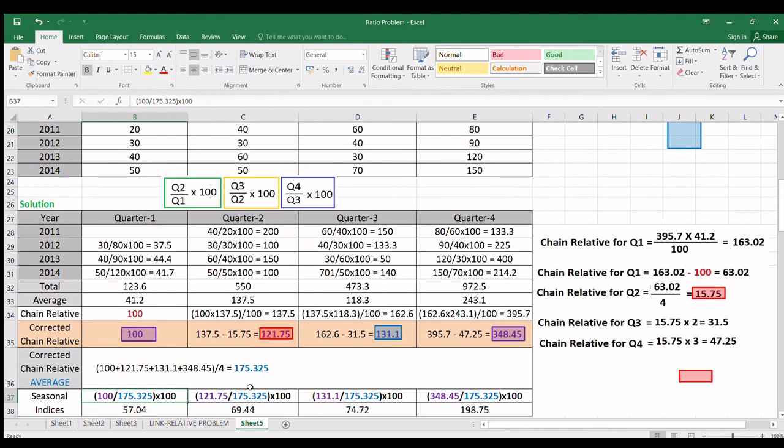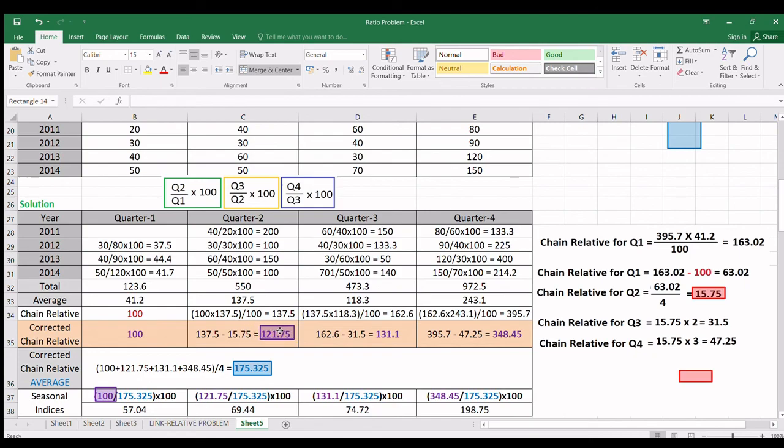Now I'm going to calculate the seasonal indices. The formula is seasonal index equals corrected chain relative divided by the average, multiplied by 100. Based upon the formula, first 100 divided by 175.325 into 100.